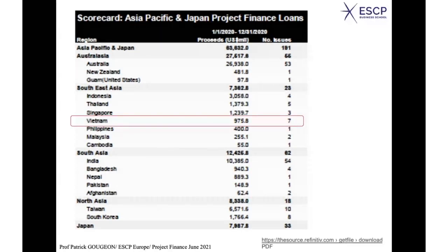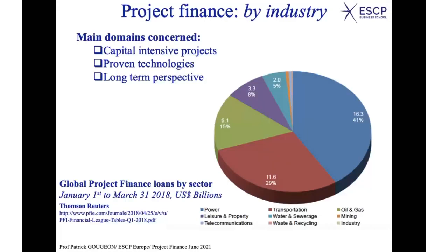Well, so here these are about the same data, which I didn't want to take out. But you find the same ideas. When you look at the main domains concerned, you see they are capital-intensive projects with proven technologies. Why do I say proven technology? Just a comment on this. If a technology is not proven, it means it is risky.